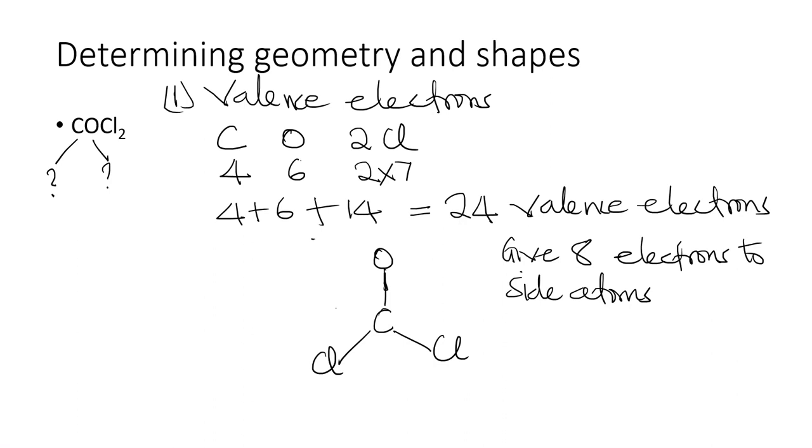But the first 2 should be between the central and the side atom. So I'll say each stick is 2 electrons. So we already have 2 electrons here, 2 electrons here, 2 electrons here.